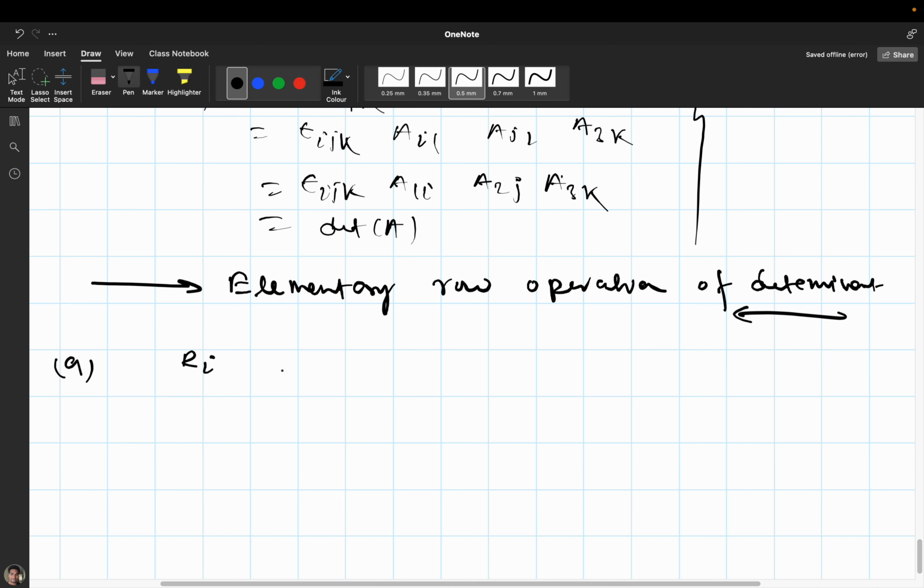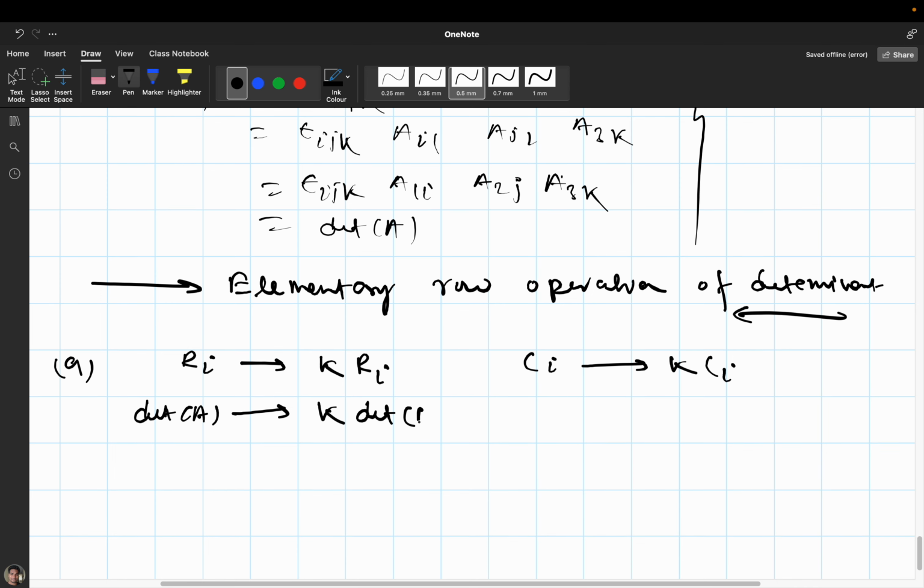If I multiply ith row by k times, then determinant of A will be changed to what? If I multiply ith row by k times, or if I multiply ith column by k times, then what will be the change in the determinant? The determinant will have a multiple of k in the whole value. Yeah, k times determinant of A.